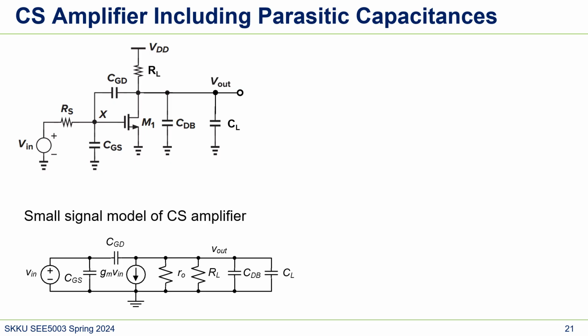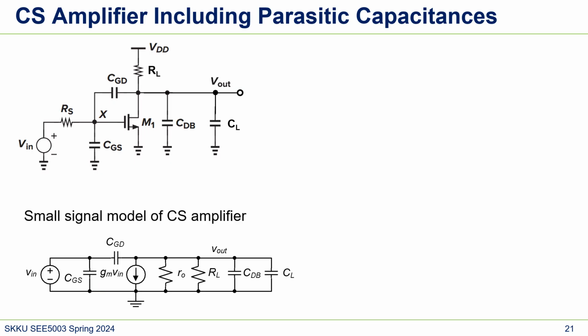Next, let's consider all the other parasitic capacitances. So there will be CGD, CGS, and CDB. If you draw a small signal model, it looks like this.